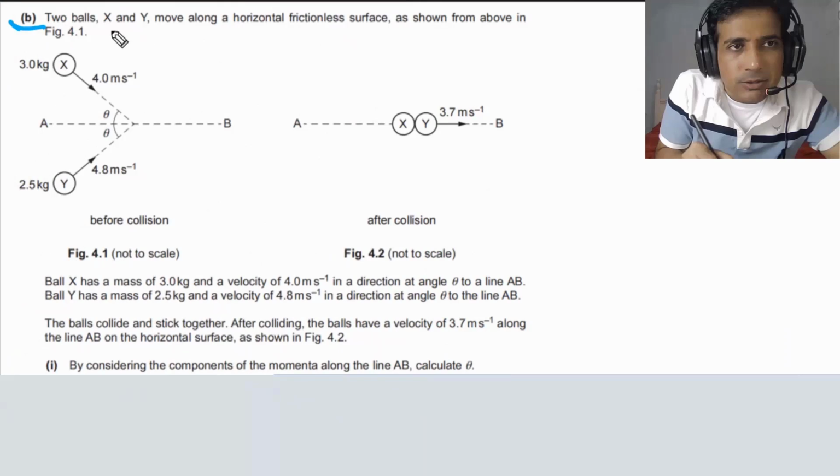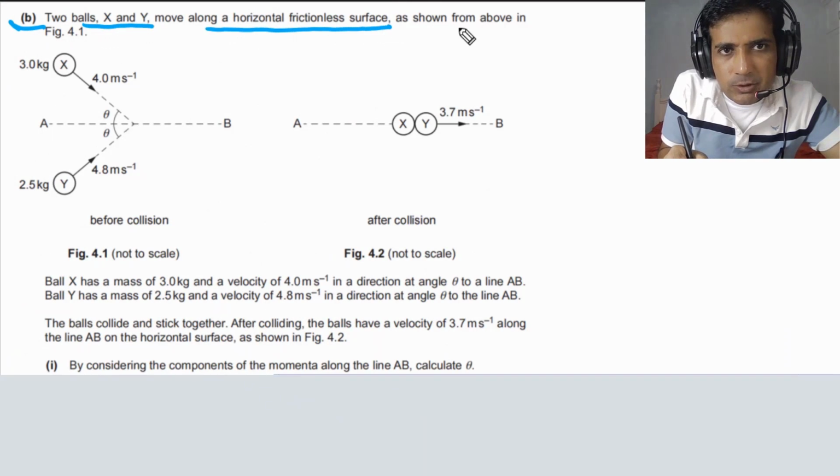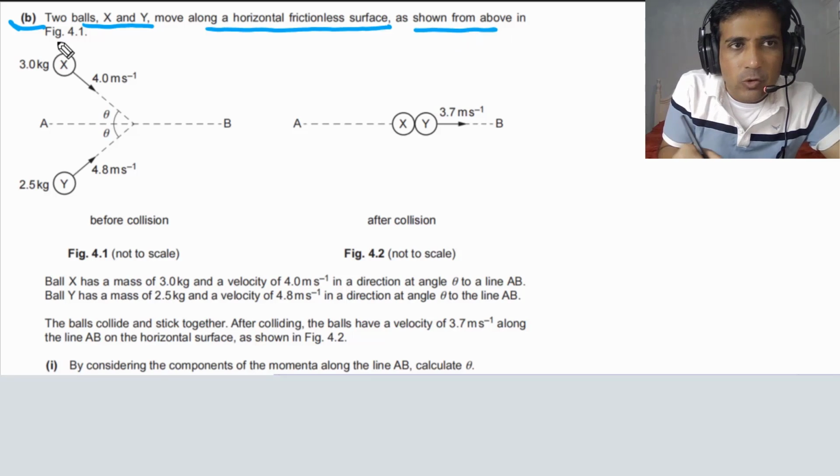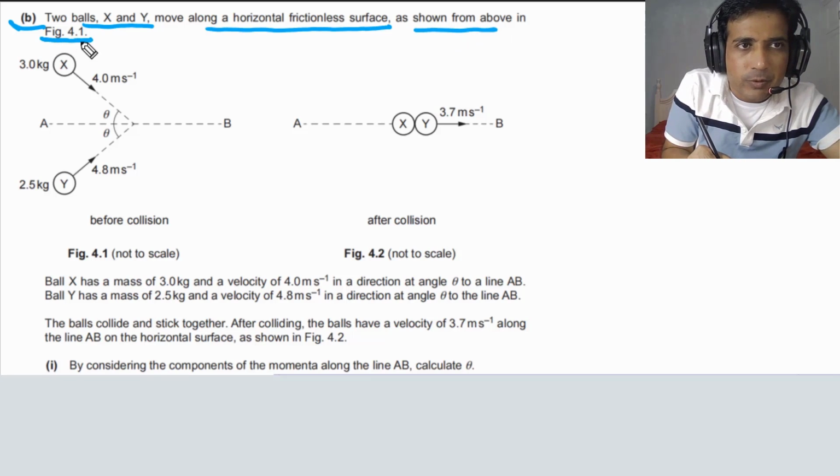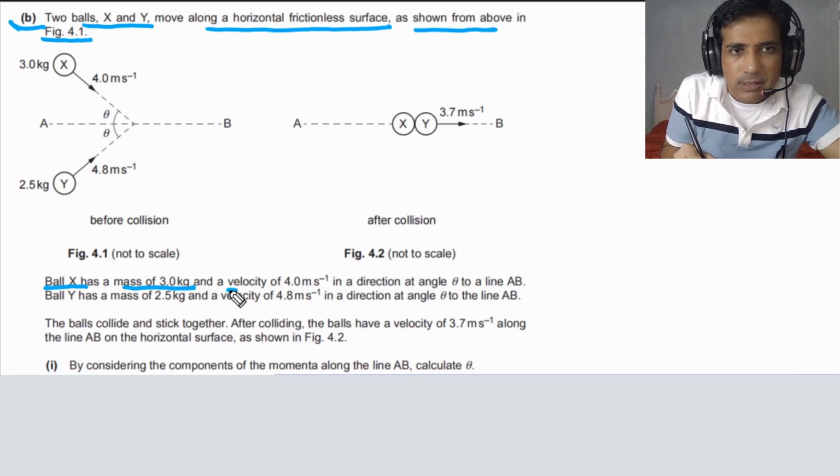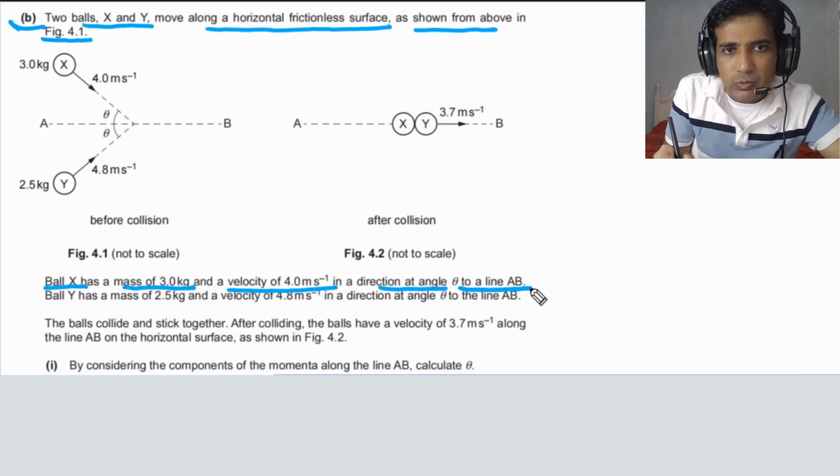For part B, it is given to us that 2 balls X and Y move along a horizontal frictionless surface as shown from above in figure 4.1. As you can see in this figure, we have ball X, and the mass of ball X is 3 kg and the velocity of ball X is 4 meters per second in a direction at an angle theta to the line AB.